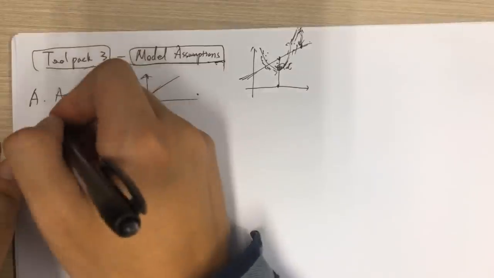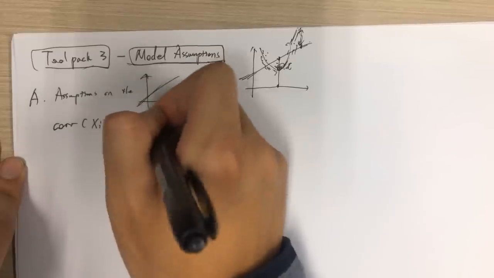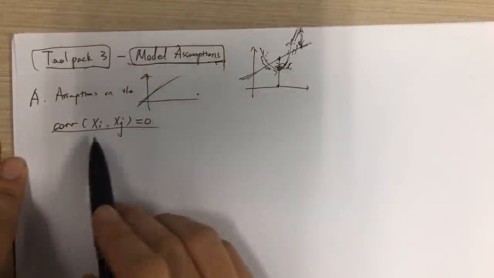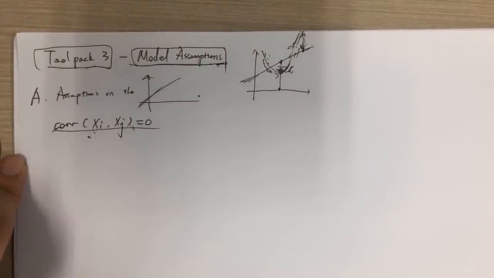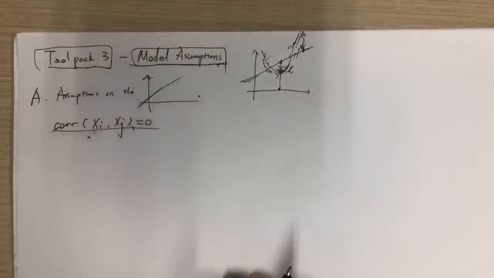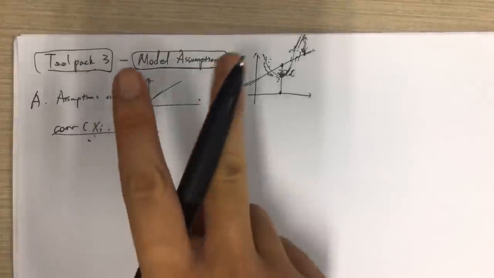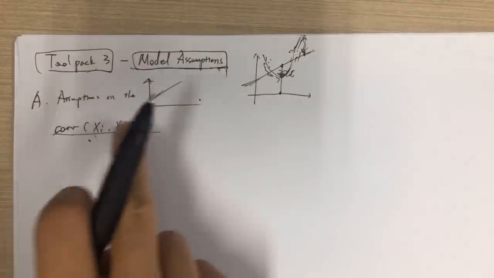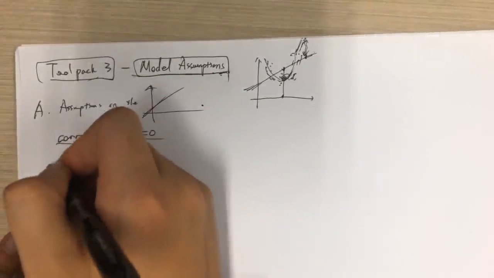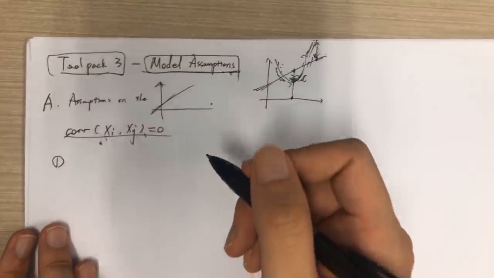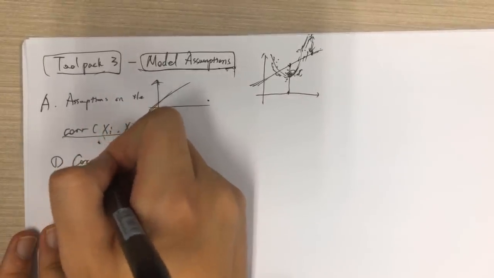This means the correlation between any x should be 0, like no correlation between any x. The independent variables should not be correlated. And you've learned two different ways to assess whether correlation exists between independent variables. The first tool you learned is the correlation matrix.